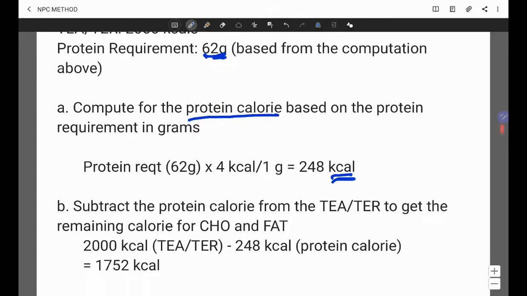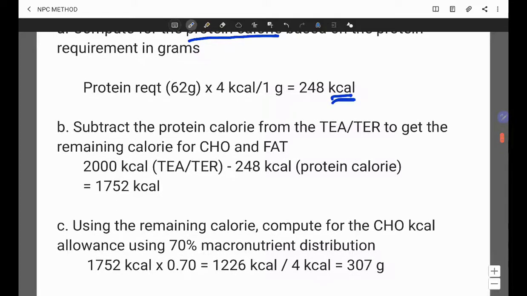Now, the next step is to subtract the protein calorie from the TER, which is 2000 kilocalories, for us to get the remaining calorie to be distributed for the carbohydrate and fat. Remember that for the carbohydrate, we are going to assign 70% for the macronutrient distribution, and for the fat, 30%.